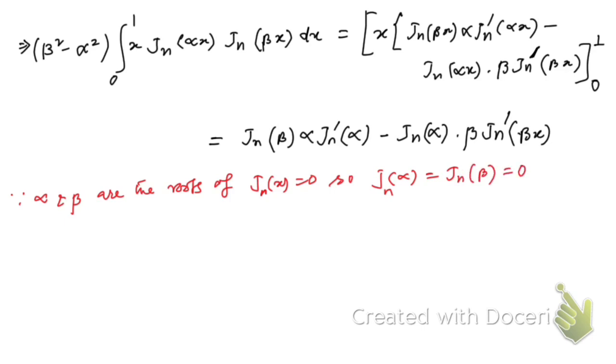So here we get Jn beta equal to 0 and Jn alpha equal to 0.